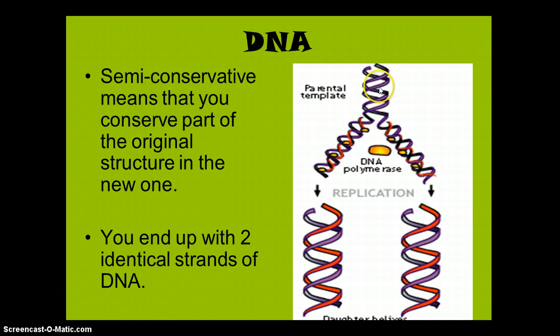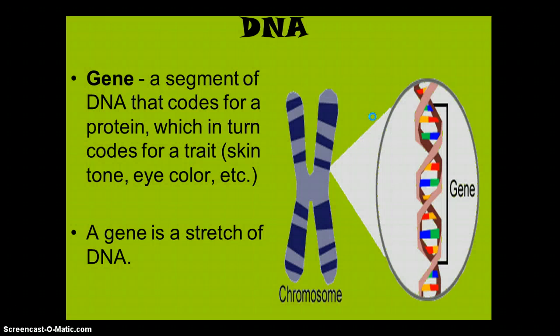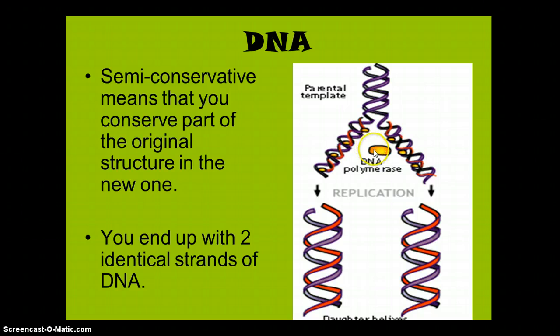And what happens, and I've talked to you guys about this before, is the parent strand splits in two through an enzyme called DNA helicase. DNA helicase actually splits it right here. It splits it, and then it uses DNA polymerase to build a new daughter strand onto the existing parent strand.